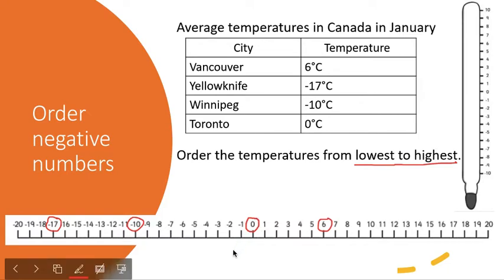So we've circled them all on our scale, and I can see that the lowest number is minus 17 and the highest number is 6. So if I'm ordering from lowest to highest, it's going to be minus 17, minus 10, 0 and then 6.